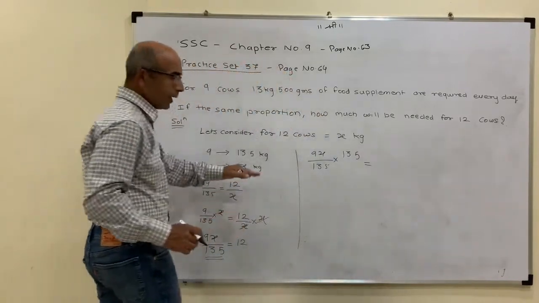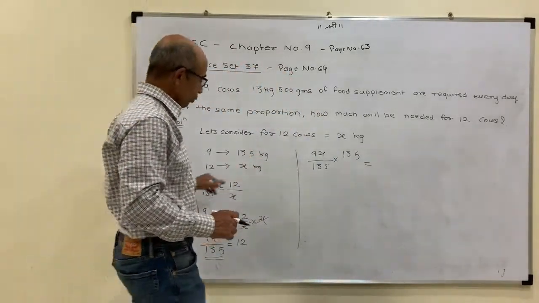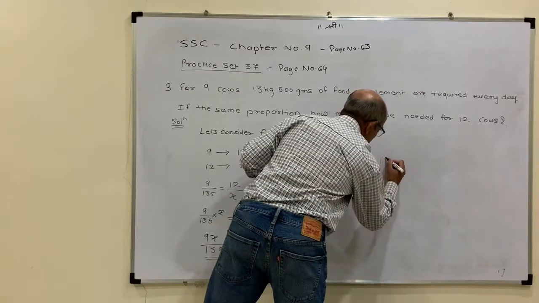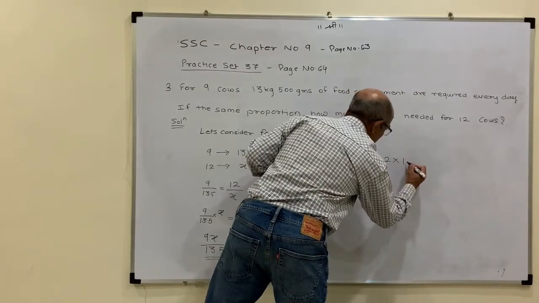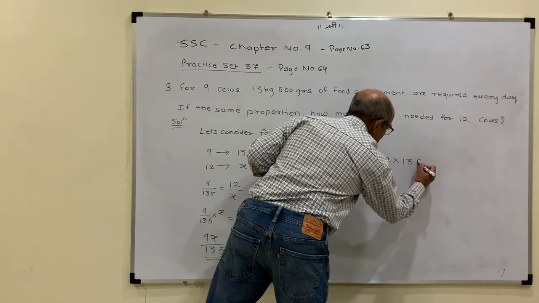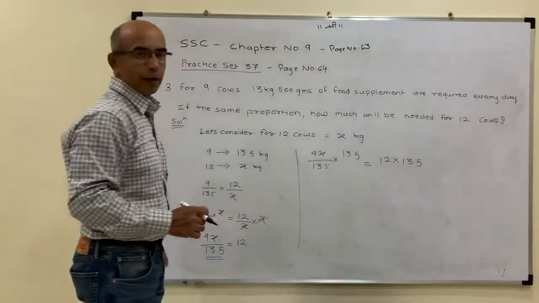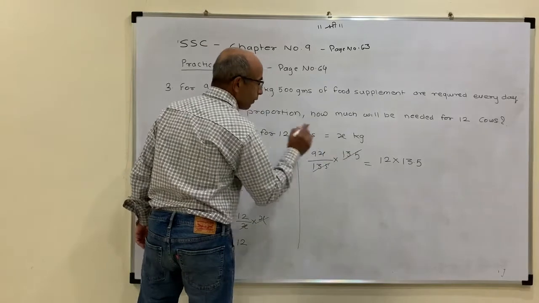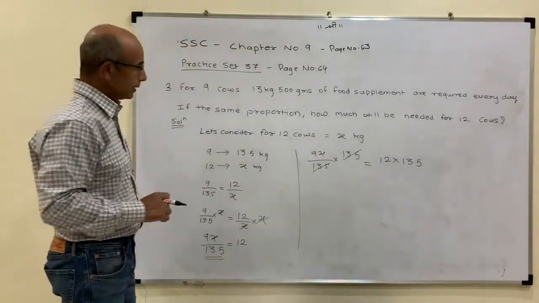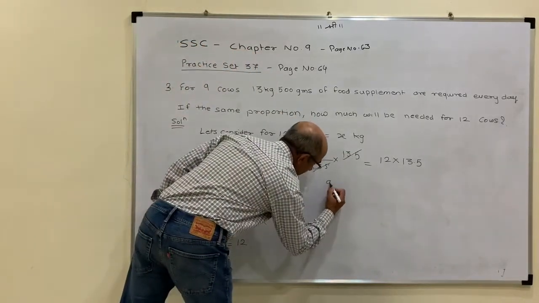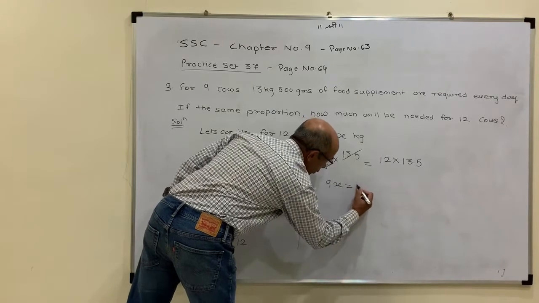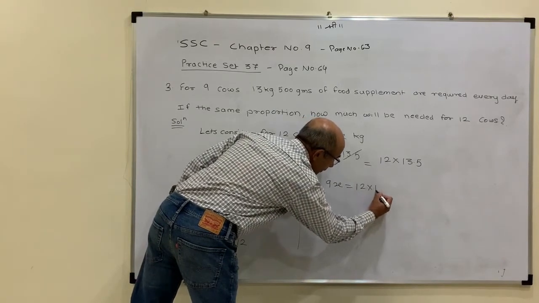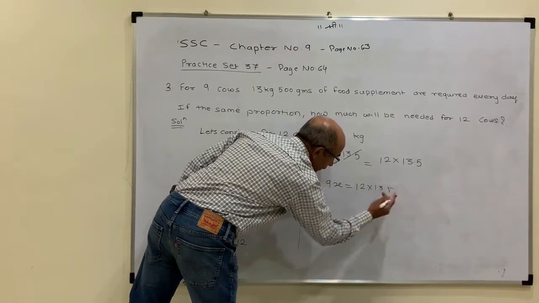When I multiply it on the left hand side, I need to do the same operation on the right hand side. So 13.5 is gone, and my next step is 9x equals 12 into 13.5.